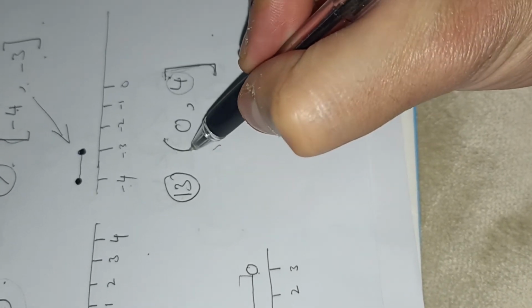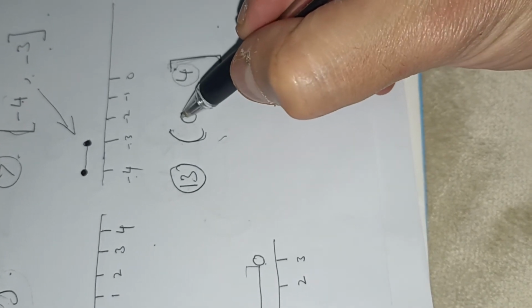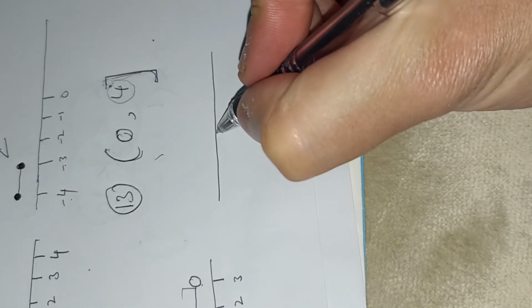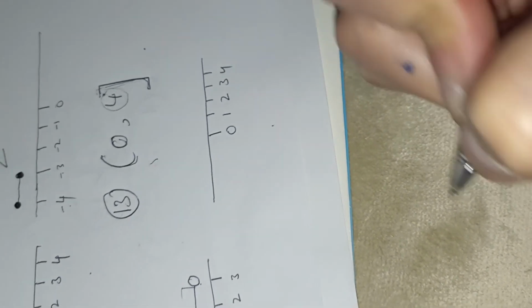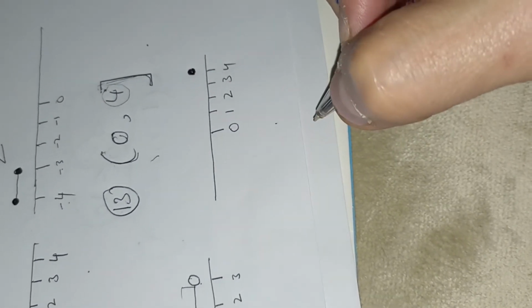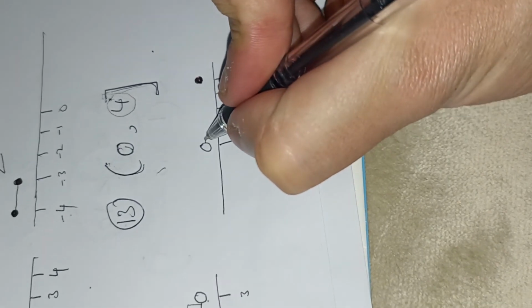But at this side, the value will start from anything greater than 0, so we can draw like this: 0, 1, 2, 3 and 4. This will be an inclusive shaded circle because anything is up till 4, and it is something like this.